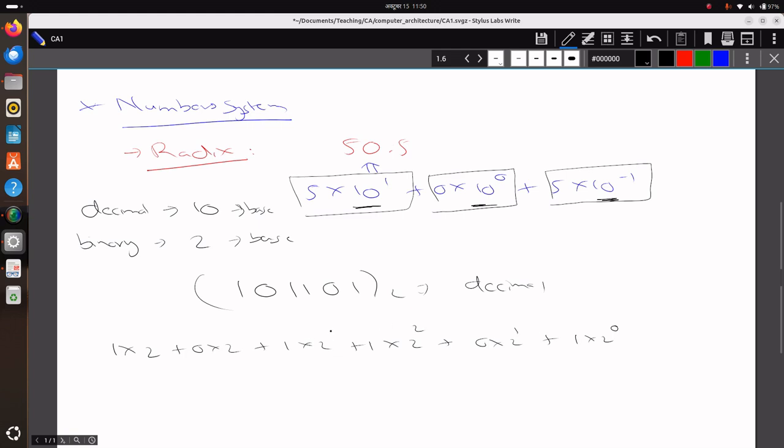Now if you sum this up, 32 plus 0 plus 8 plus 4 plus 0 plus 1, this is equal to 45. So you see that the base we've used in case of a binary number is 2 and the base we've used in case of decimal number is 10, and that itself is called a radix.